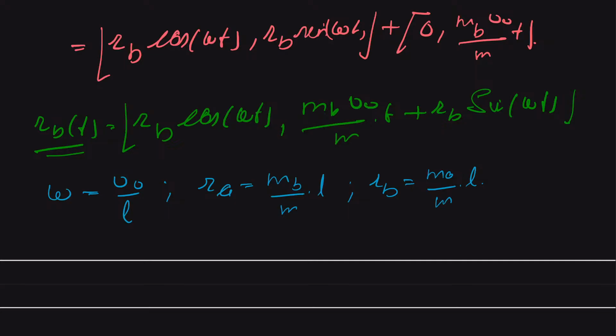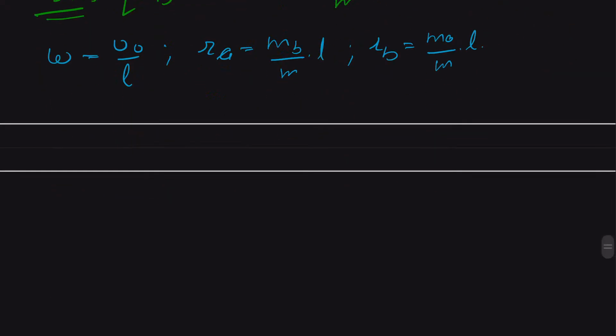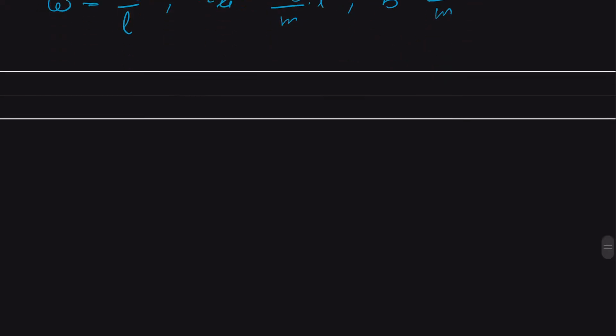Now we come to our final part, that is our tension. And here tension is nothing but it is going to provide our centripetal force in the circular motion when it is in the center of mass frame.